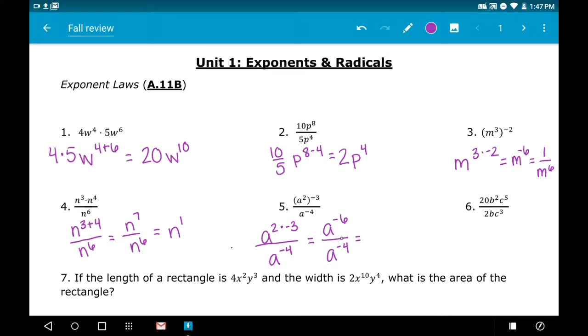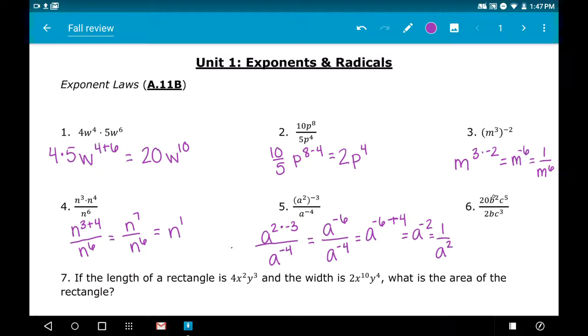So from this point, since we're dividing, we subtract. So a to the negative 6 minus negative 4. Minus a negative would become a plus. So our final answer is a to the negative 2. But we can't have a negative, so it becomes 1 over a squared. And that's our final answer.